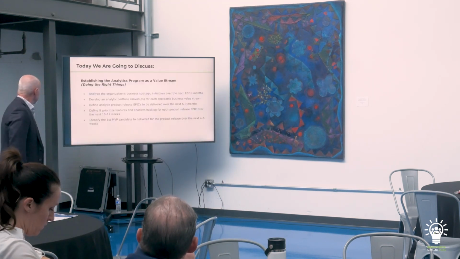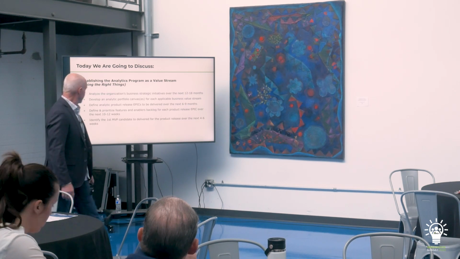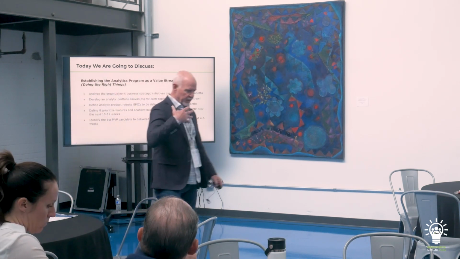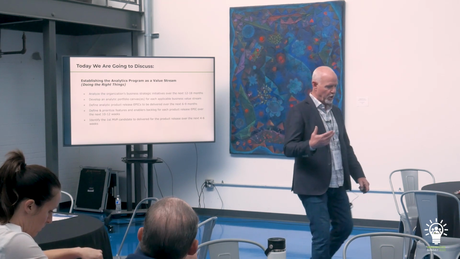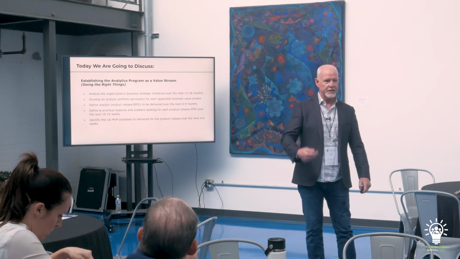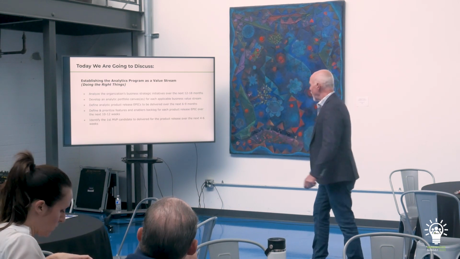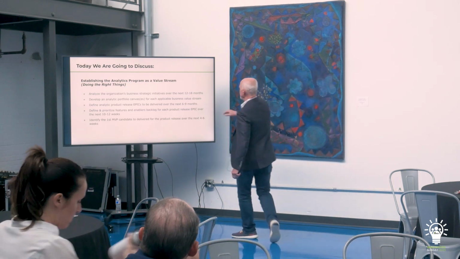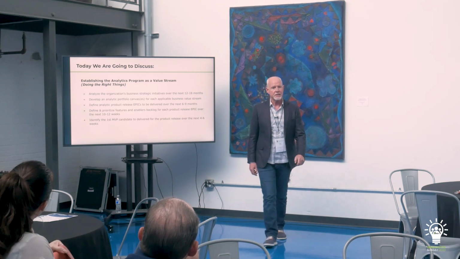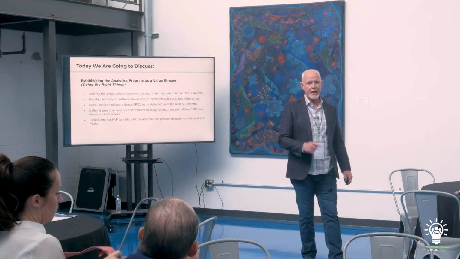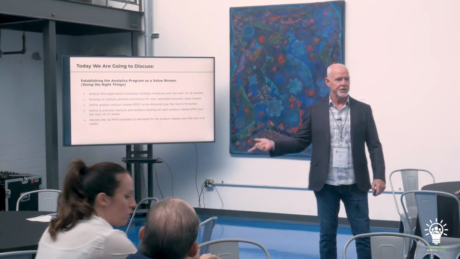All right. So what I want to get companies more and more comfortable with is an ongoing planning discipline with a regular cadence that's always looking at what I am going to do over the next 12 to 18 months with analytics to enable the business to achieve their strategic initiatives.